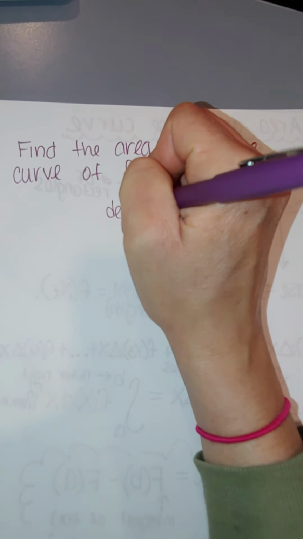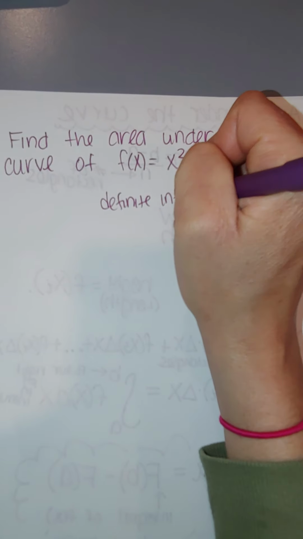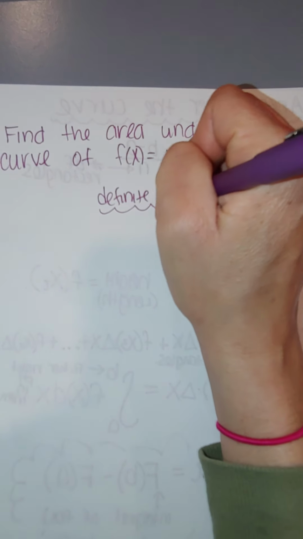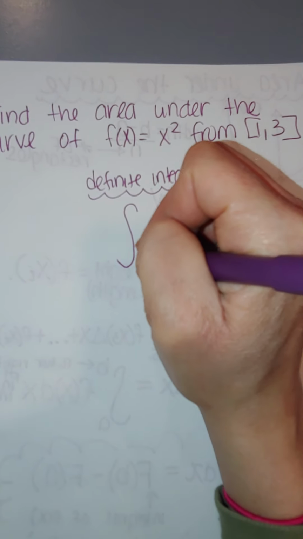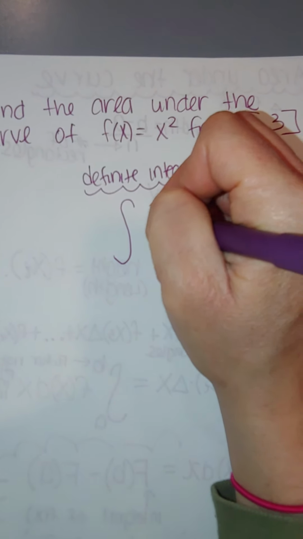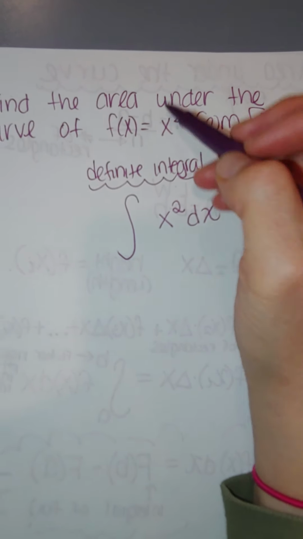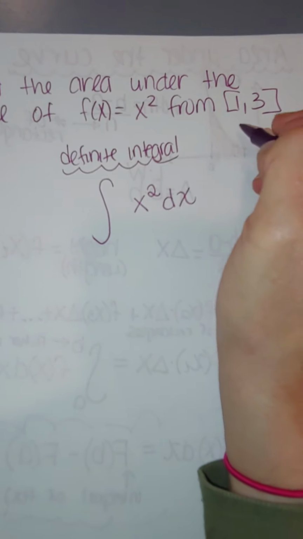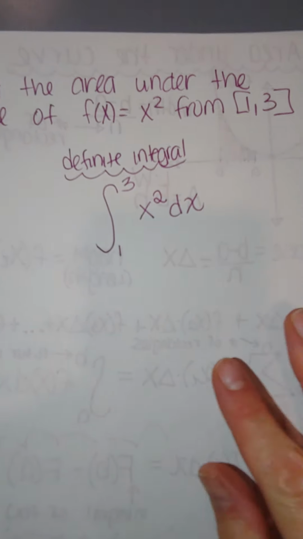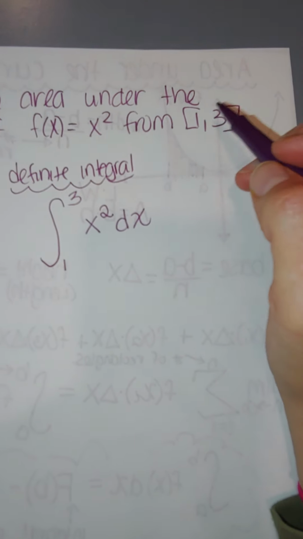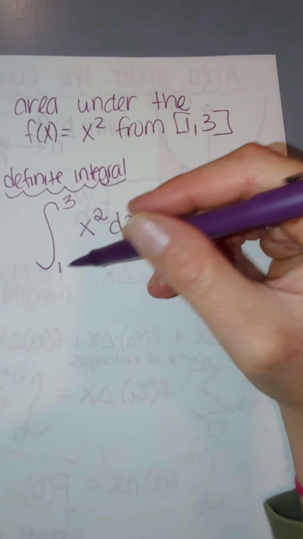So the definite integral looks like this. X squared dx, because the function is x squared, from 1 to 3. Okay, so now we're going to integrate this.